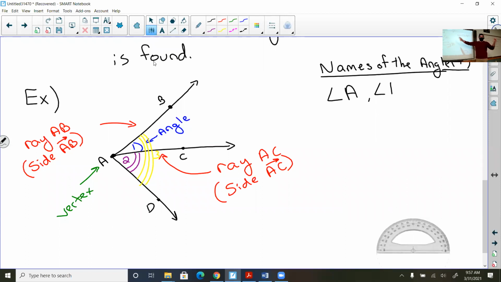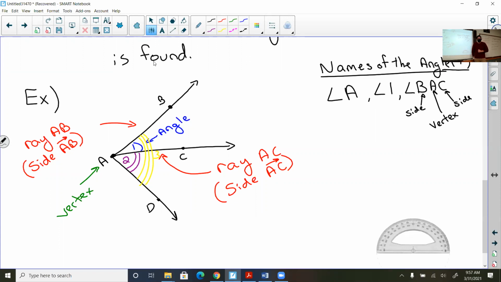Now that we have multiple angles, if I want to say this angle here, I'll start with my angle symbol, and then I'm going to start off with a side, the vertex, and a side. So this is a side, that is a side, and that is the vertex.